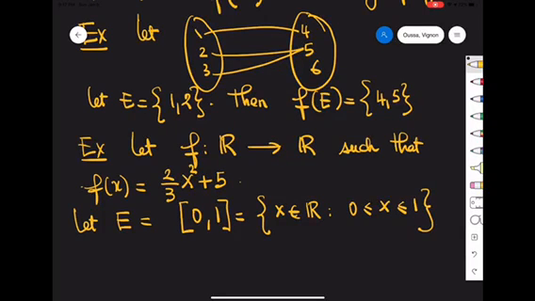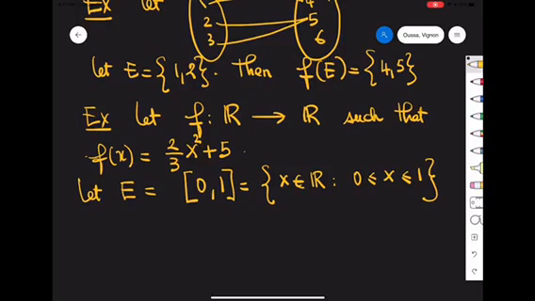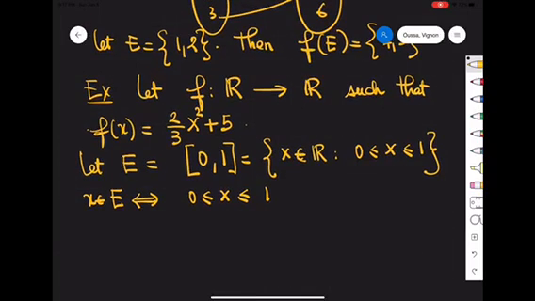Okay. Now let's compute the image of E. So x is in E if and only if we have this requirement, which is satisfied. Now by squaring each side, we still get that x squared is in between 0 and 1, right? Because 1 squared is 1 and 0 squared is 0. Now we can multiply by 2/3.